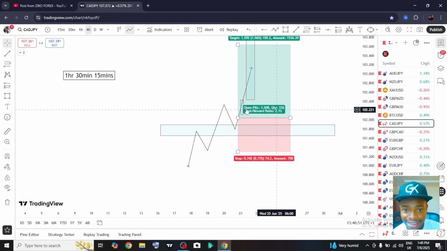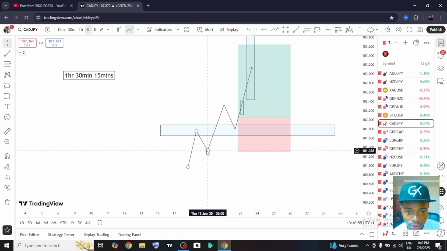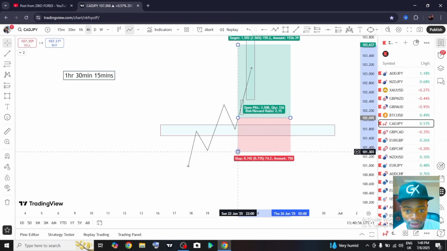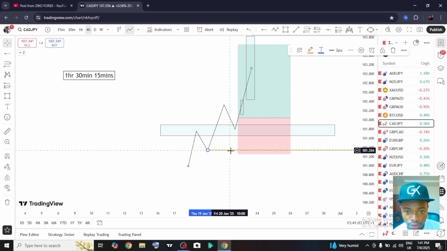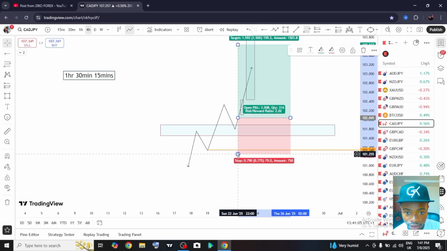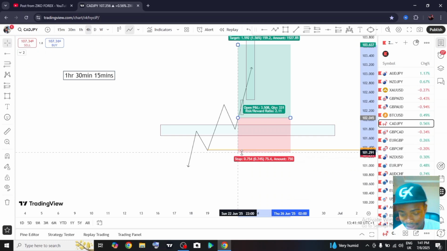So if this is the 30 minutes time frame, for example, if I enter here, I'll put my stop loss here first, then I'll go to the 15 minutes to know where exactly under this point I'm supposed to put my stop loss. Is it here? Is it exactly here? Is it here? Where exactly am I supposed to put my stop loss?